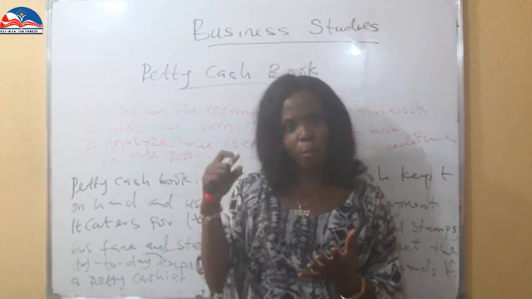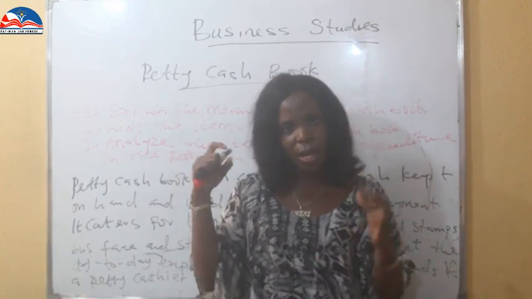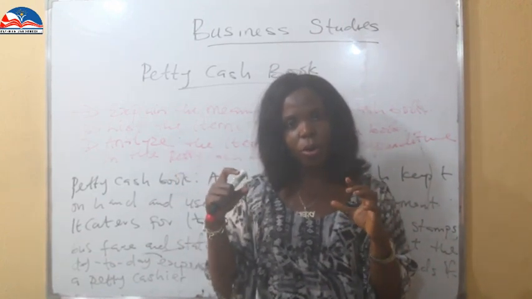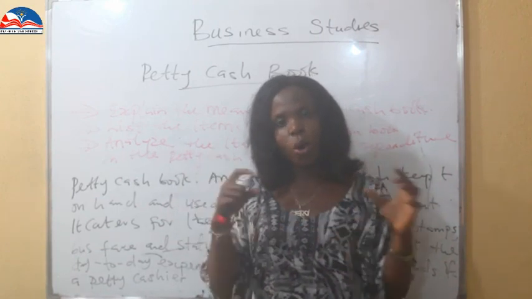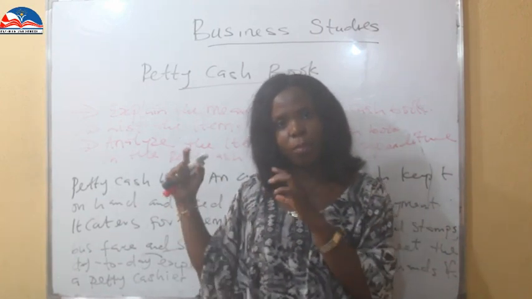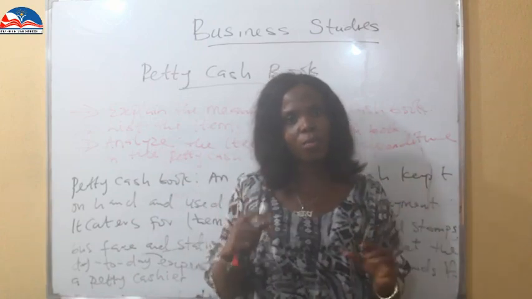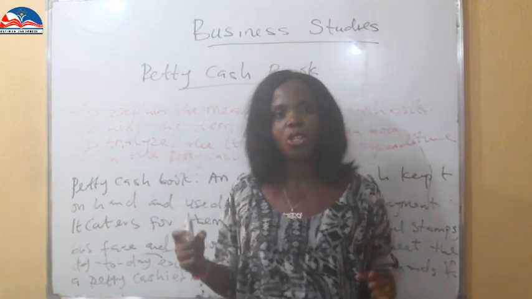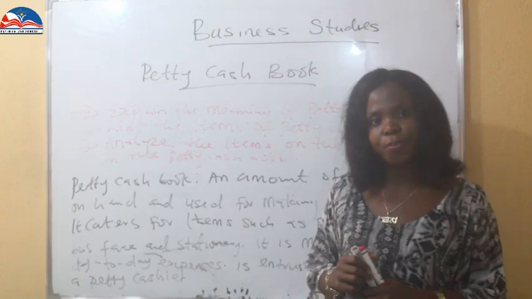That is what petty cash book is. A small amount of money is given to the petty cashier to write down small, everyday recurring expenditure that happens in the organization.